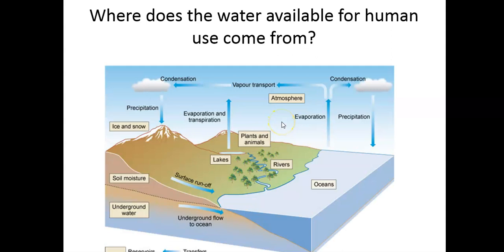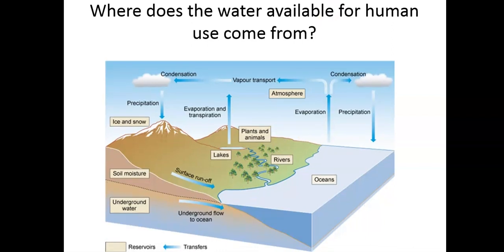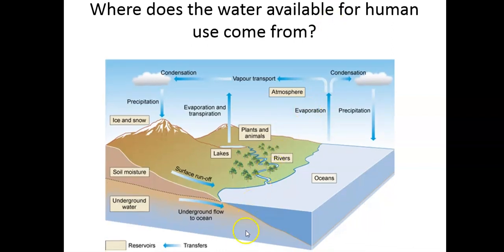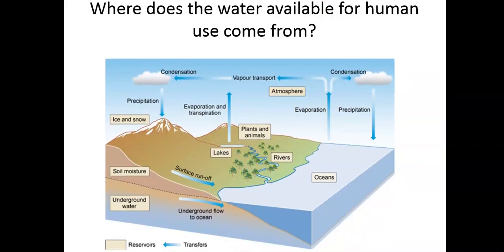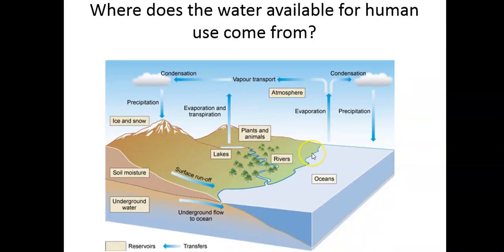Now, I never really thought about this before I taught this course, but the reality is that the part of the cycle that makes more fresh water available to us every year is effectively transferring water from the oceans to the land through the hydraulic cycle, right? So how does that work?